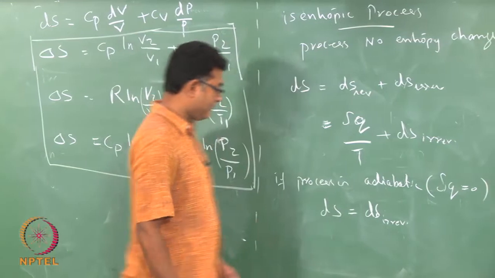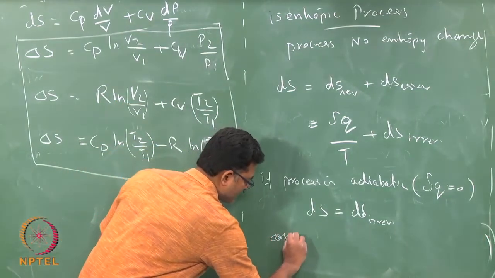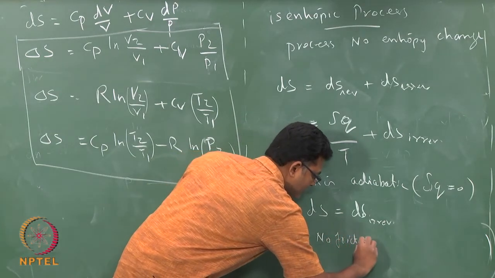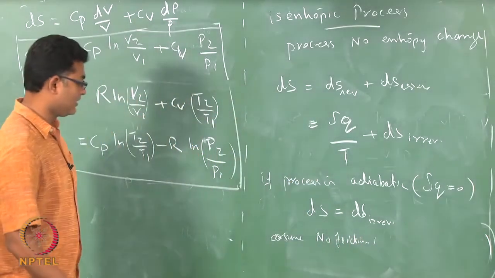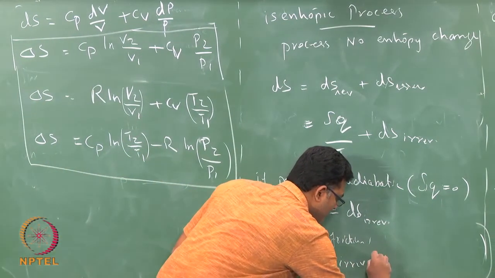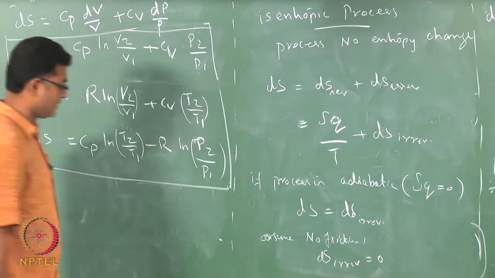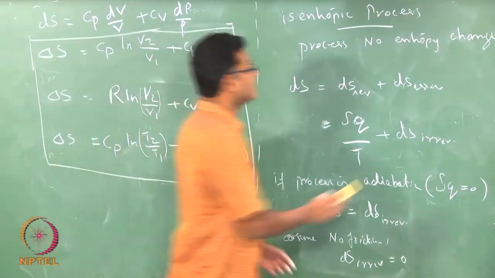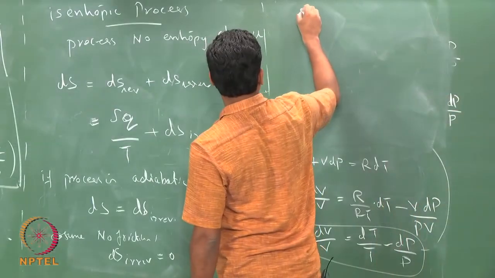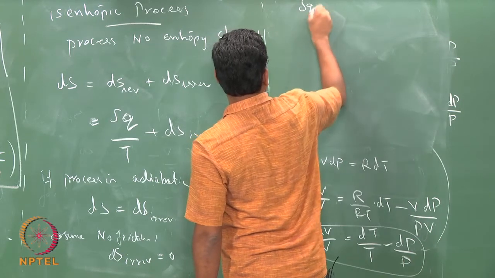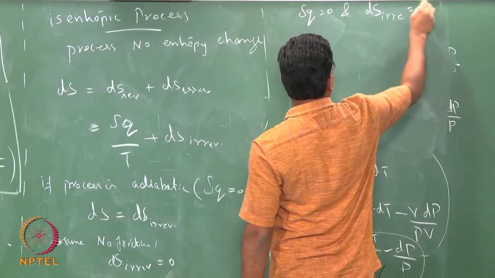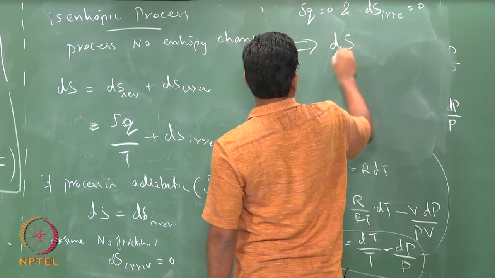Now in addition to this, if I also assume no friction or viscous heating etc., my irreversible entropy is also 0. So in such cases, delta Q equals 0 and dS irreversible equals 0 implies my total entropy change is 0.